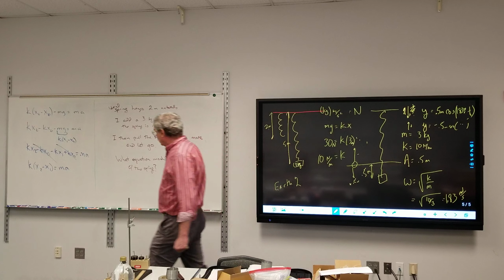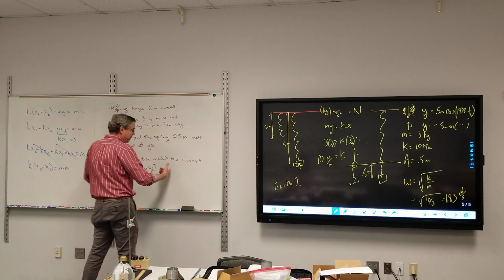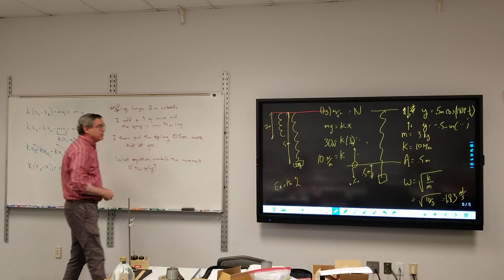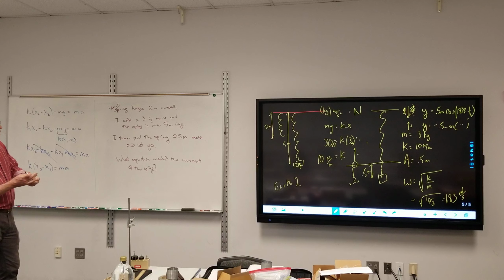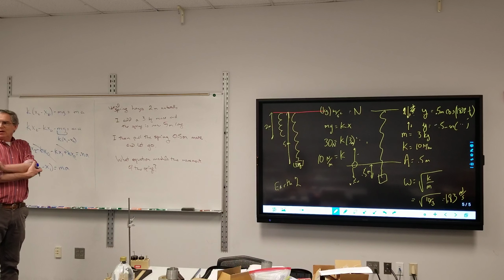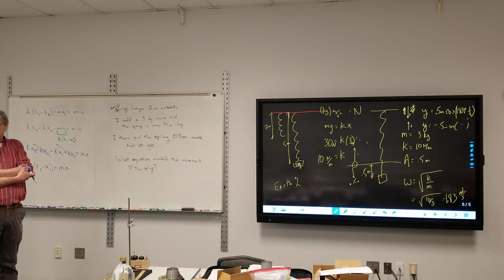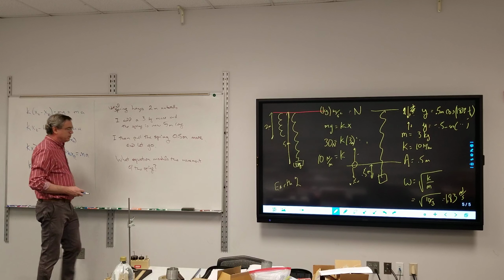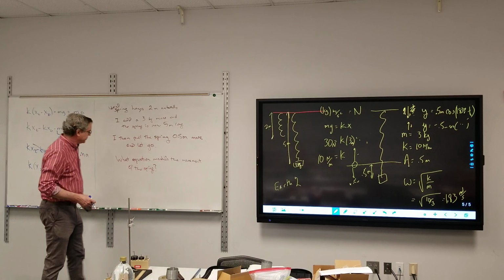But wait, there's more. We actually answered the question, but let's go ahead and extend it. What is the frequency? Well, we know the angular frequency. The question is, what is the frequency? What is the relationship between frequency and angular frequency?